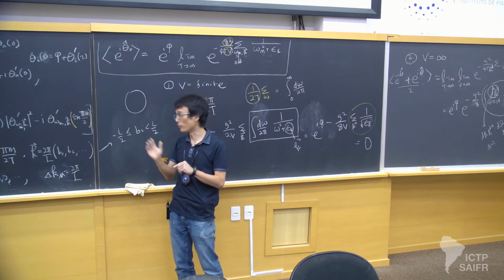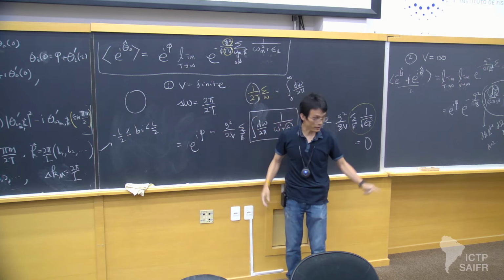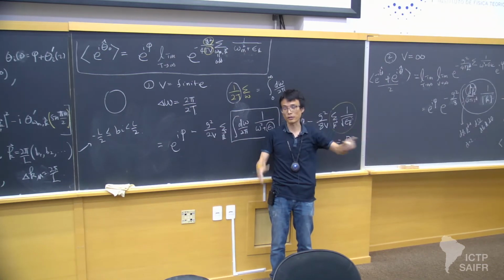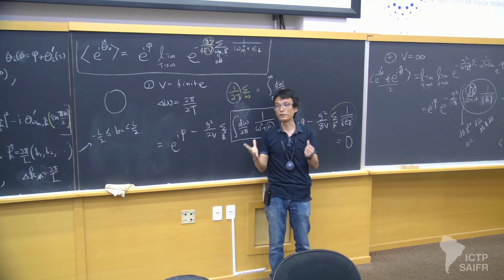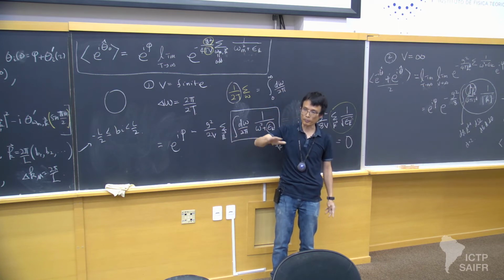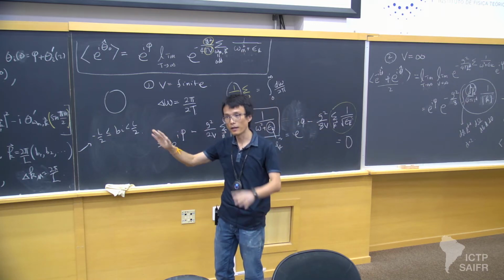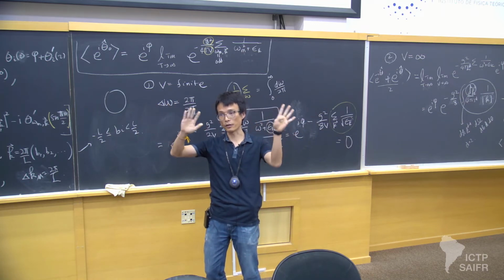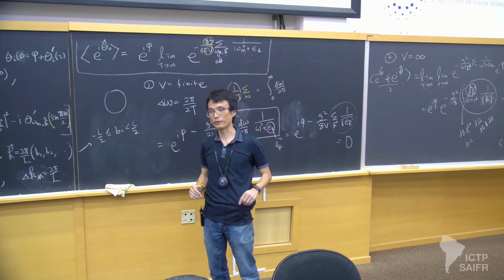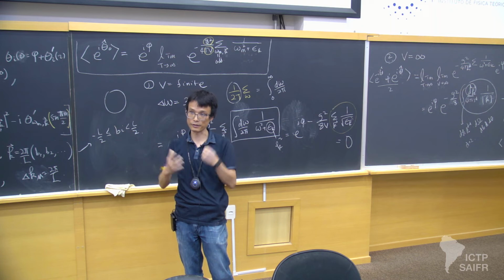The gapless mode that arises in this spontaneously symmetry-broken state is called the Goldstone mode. These are modes where the direction fluctuates globally, and that doesn't cost much energy. So it exists as an excitation that doesn't cost energy.